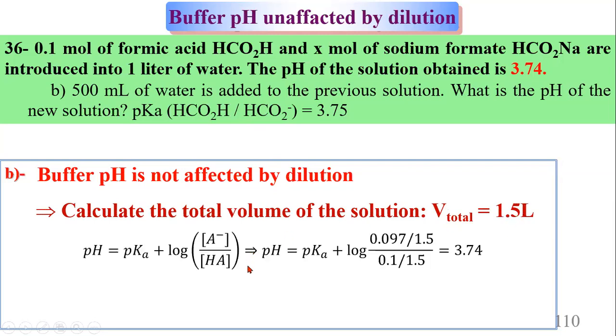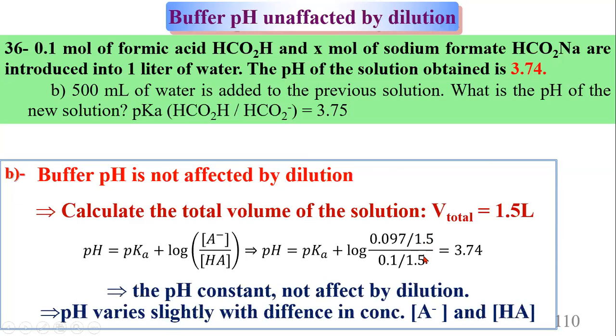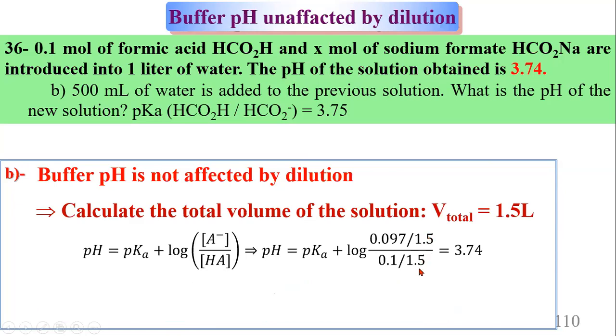Use Henderson, right? Because we have a buffer, we use Henderson. Again, remember the moles that I had calculated, 0.97, and it was 0.1 moles of the acid, the base divided by the acid. If this volume was 1 liter before, or if it became 1.5 liters total volume, still, look, the total volumes cancel off.